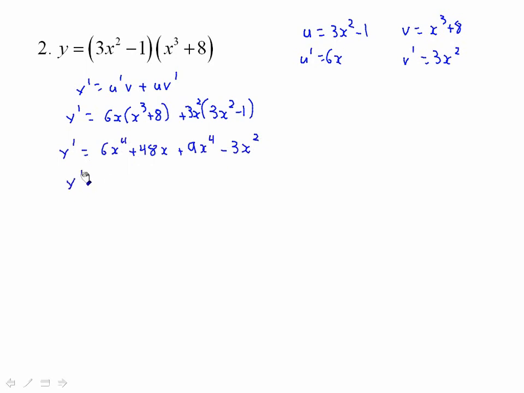So y prime is equal to 15x to the 4 minus 3x squared plus 48x. So dy dx could be written in that form. So I'll put it back in Leibniz: 15x to the 4 minus 3x squared plus 48x.